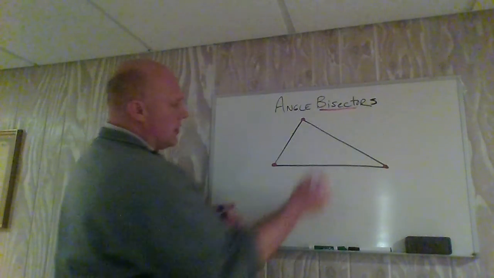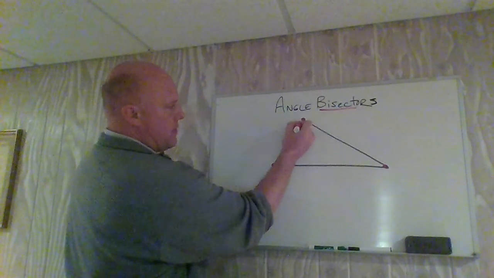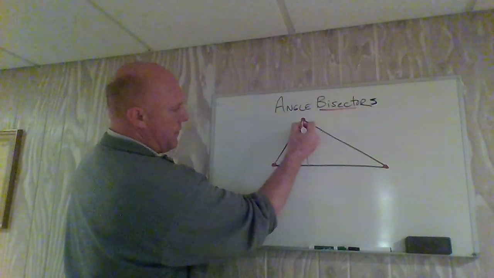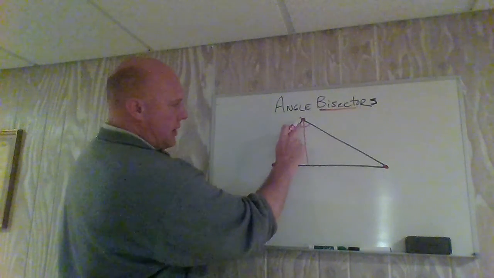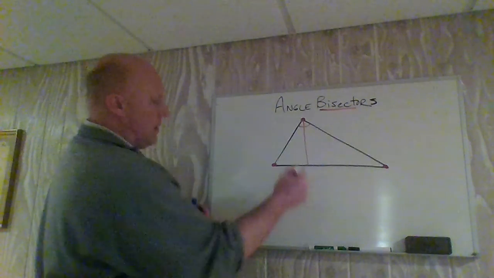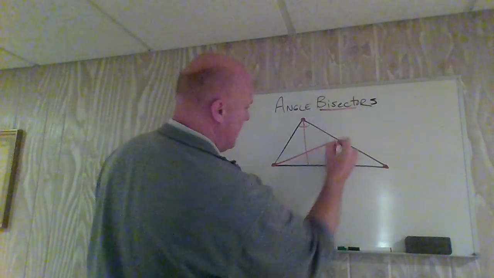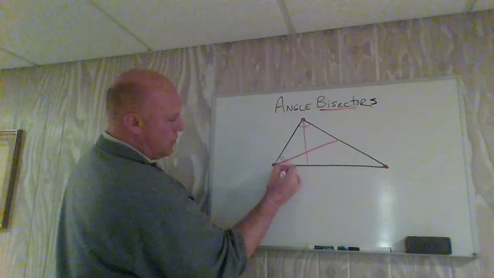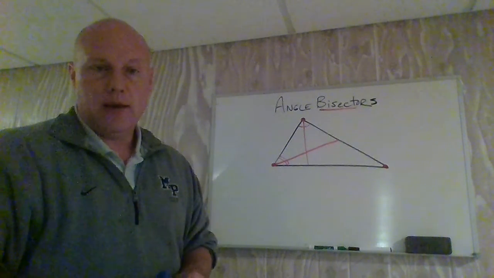If we assume, and I'm just estimating, where this segment will split this angle in half, it doesn't matter where it ends up. The important thing is that it splits that angle in half. If we draw a second segment, let's assume it splits that in half. It doesn't matter where it ends up. Just make sure that these 2 smaller angles are congruent or equal in measure.